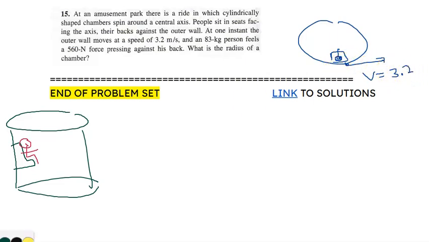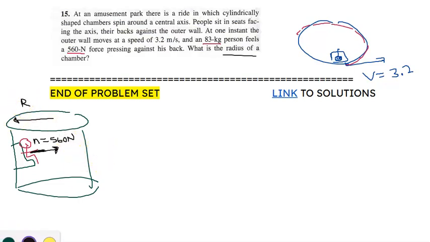So that wall is covering ground going in a circle at 3.2 meters per second. And we know the inertia, the mass of the person, and we're given that they feel this 560 Newton force. That is another word for the normal force, 560 Newtons. And then they want to know, what's the radius of this chamber?